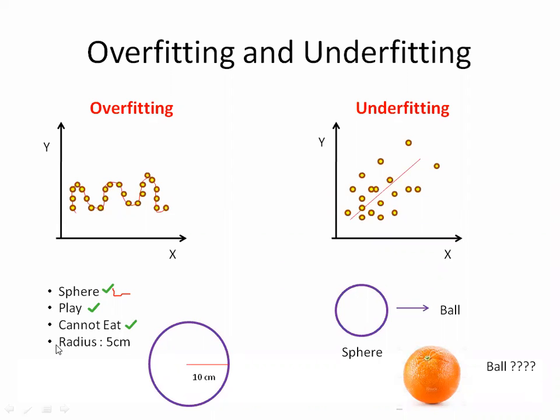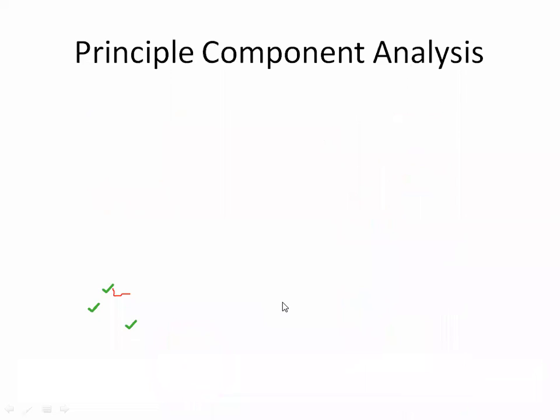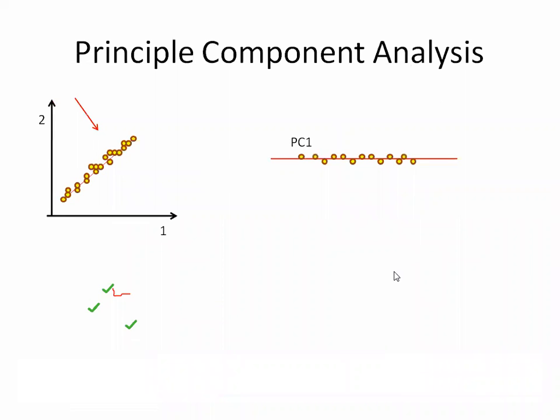So if we remove this feature of radius equal to 5 centimeters, what will happen? The machine learning model can easily predict that this object is a ball. So to reduce the overfitting problem, principal component analysis is there.